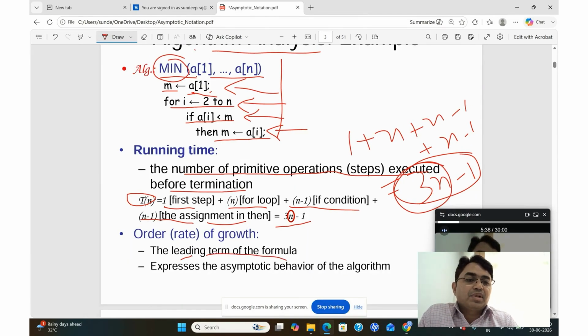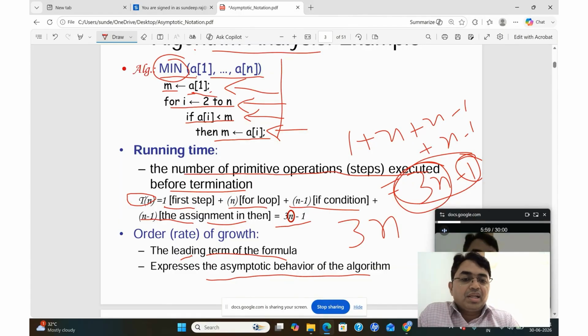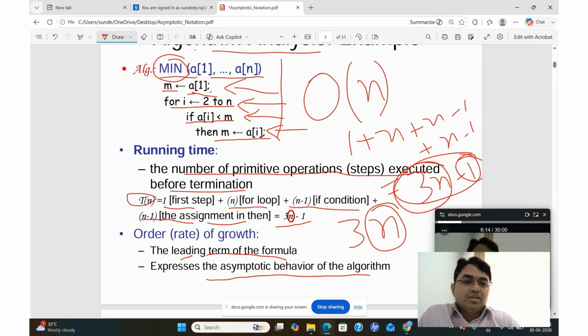The leading term of this equation is 3n, because minus 1 is the lesser one, and we will ignore the constants. This leading term 3n will decide the asymptotic behavior of this algorithm. It may be 3n, maybe 4n, maybe 5n, or so on, which means in this case n is what matters. So we may say this algorithm will run in order of n complexity.